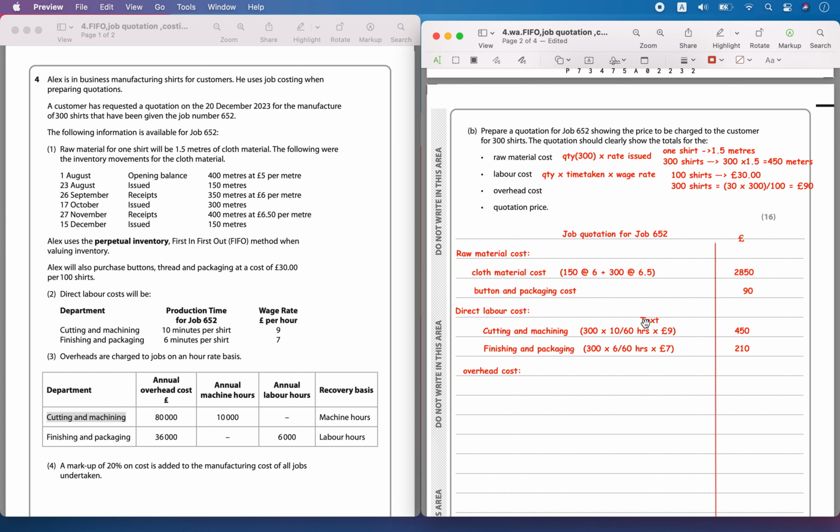So let's calculate the overhead cost involved in the two departments. For cutting and machining, what is the formula? Again, it's the quantity into time taken into the overhead rate.